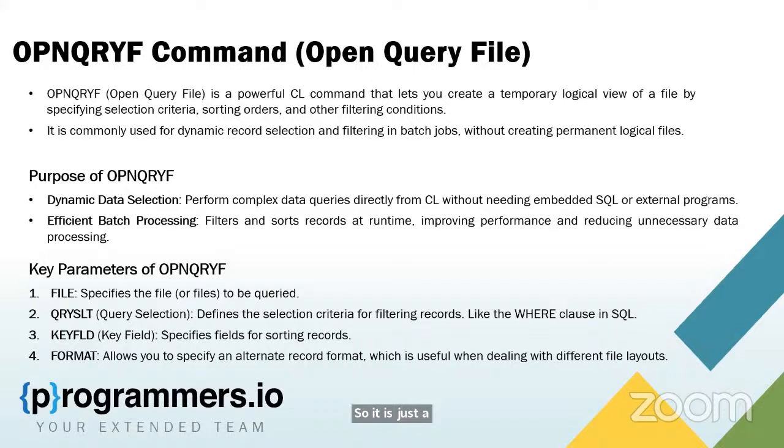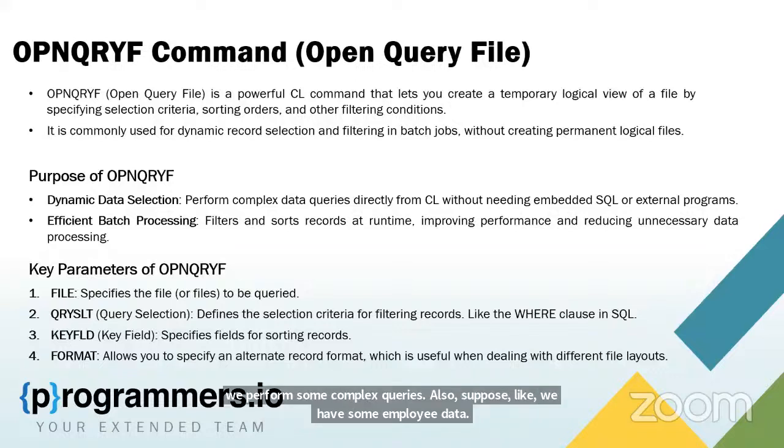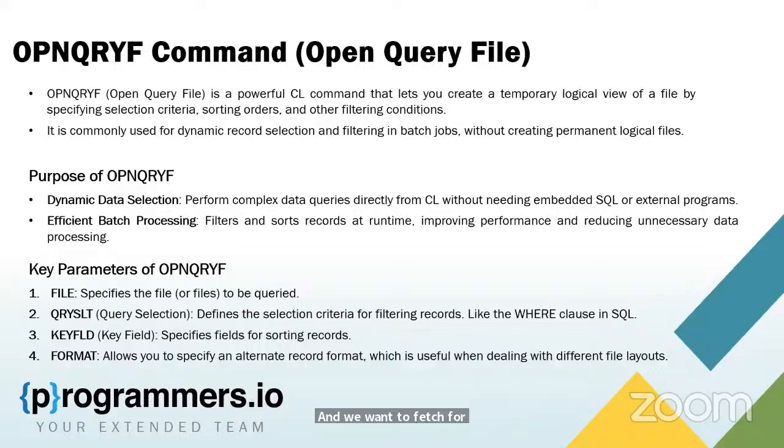The purpose of open query file is to dynamically select the actual file data, and basically we can perform some complex queries also. Suppose we have some employee data and we want to fetch for specific employees. Suppose in our company we want to fetch the data of Rohit.